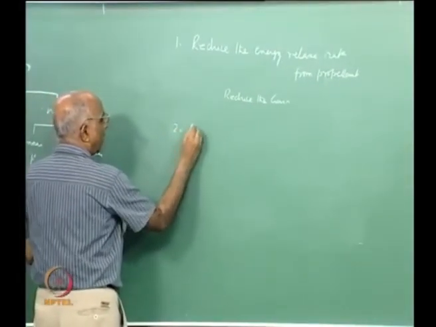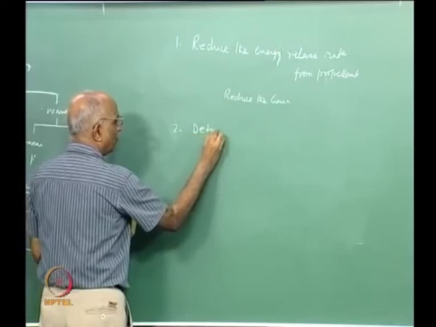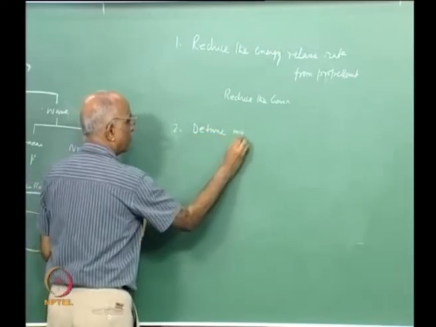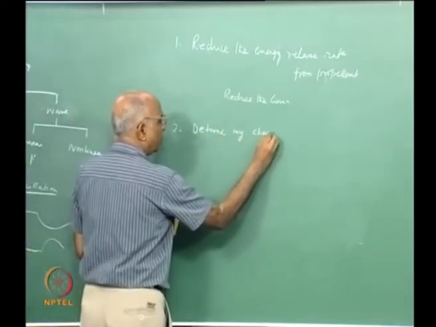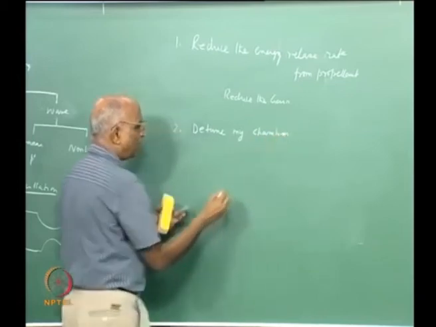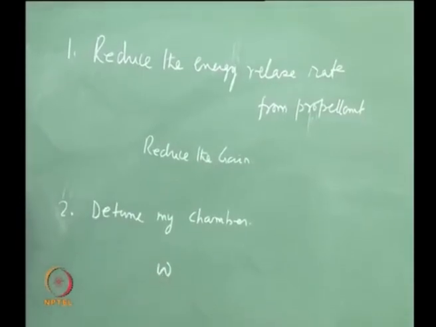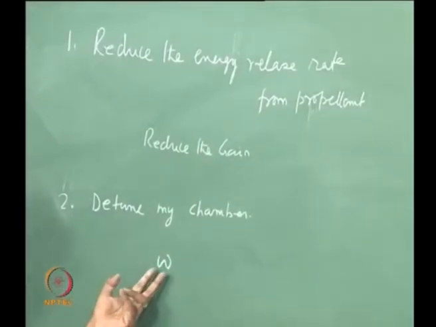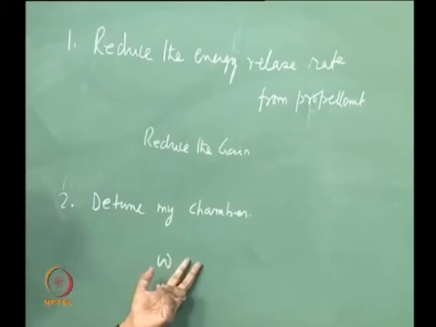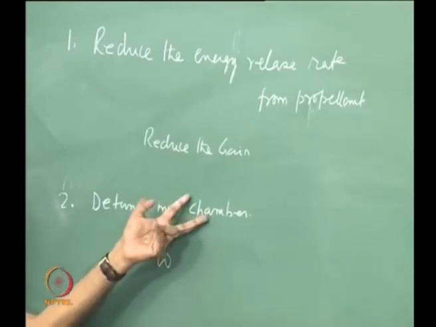Second is, I sort of detune my chamber. What do you mean by detuning the chamber? After all, combustion is occurring, we said combustion happens maybe at a response frequency of so much, and when my frequency of combustion and my frequency of chamber are the same, I get oscillations.